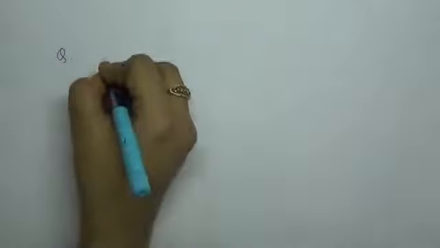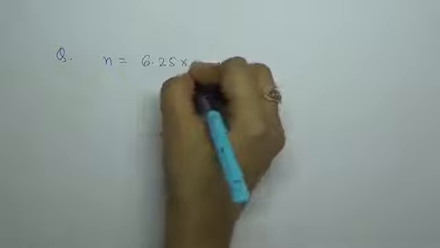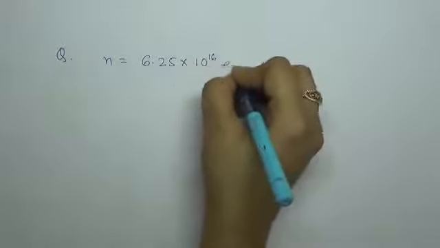Let's see a question. The question says that suppose the number of electrons n is equal to 6.25 into 10 to the power 16 electrons.